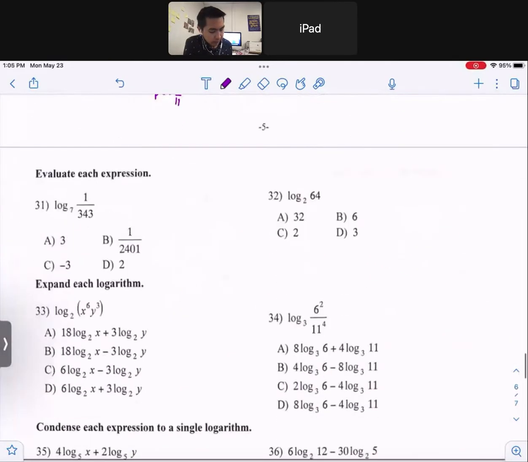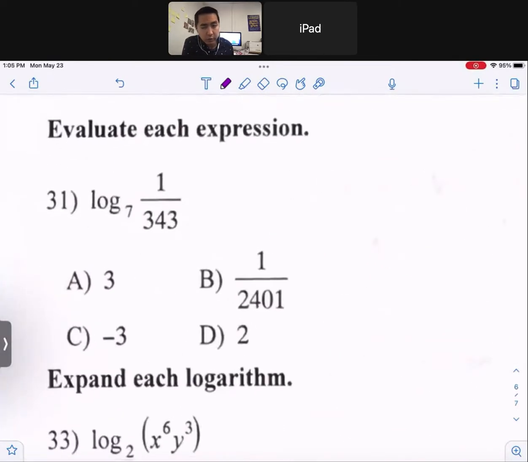Okay, so there's those types. 31, so for here, again, you got to get the same common base, and then we're going to set this equal to x. So we are going to do this log form.